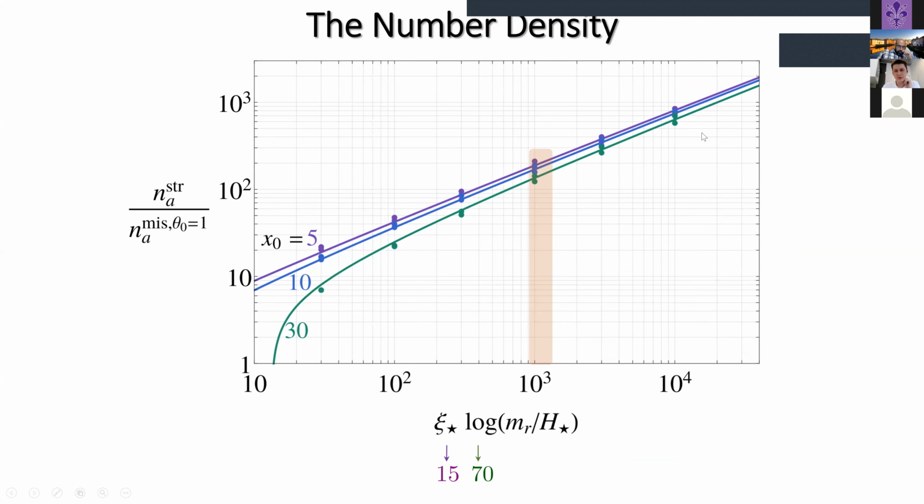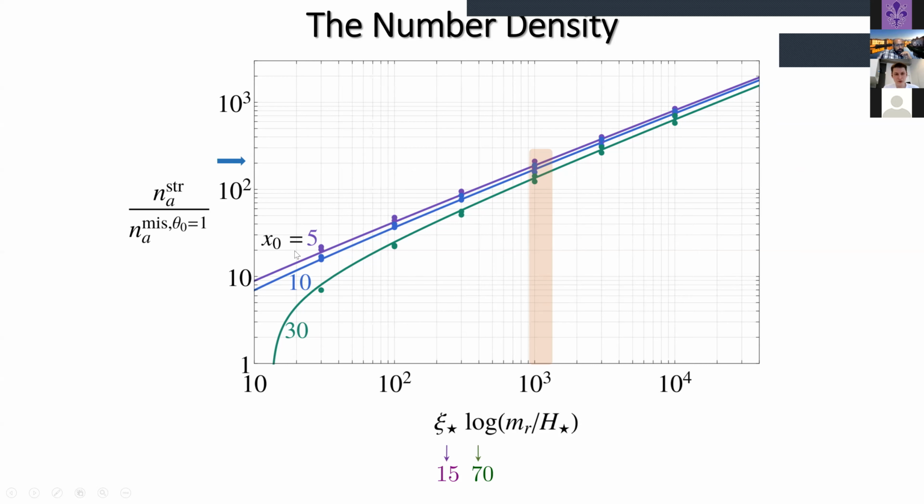And these lines represent the analytic estimate we made before, which was about the square root of psi log larger than misalignment. These different lines correspond to different higher cutoffs of the spectrum, which are about 5 and 10 for the axion.